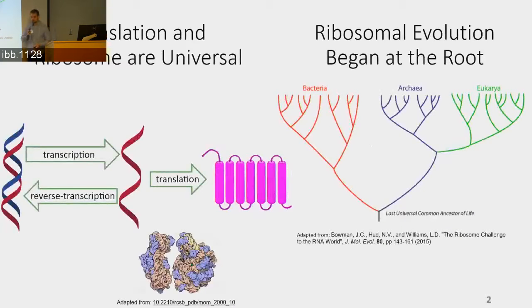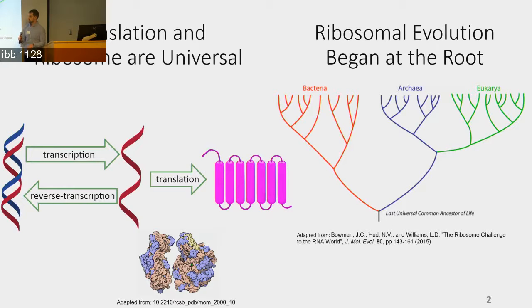Okay. So in the Williams Lab, we like to do research on translation in the ribosome because these processes are universal. All life depends on coded protein in order to do its life cycle, and so the process for creating coded protein is translation, where we go from RNA to our protein that does the work in the cell.